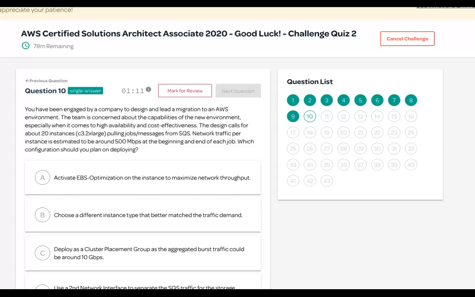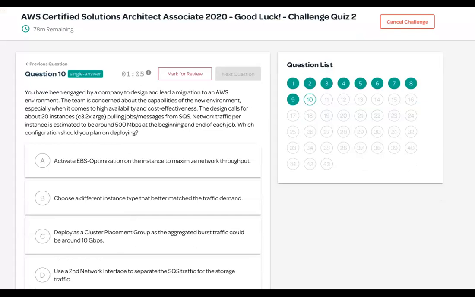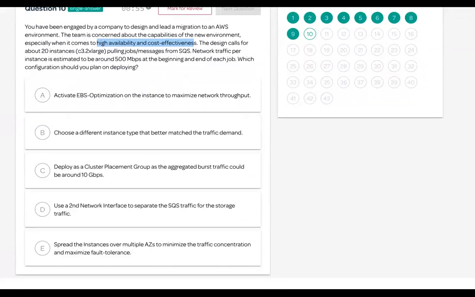A little bit complex question, but if we break it down, we know that there is SQS involved, it is getting consumed, there are 20 instances, and then they want high availability, which means it should be scattered, and cost effectiveness. So activate EBS optimization on the instance to maximize the network throughput.